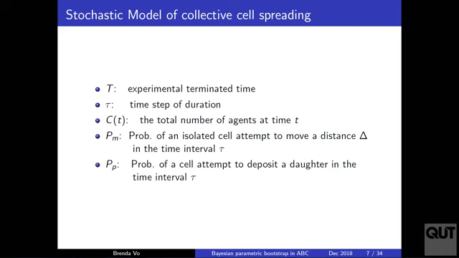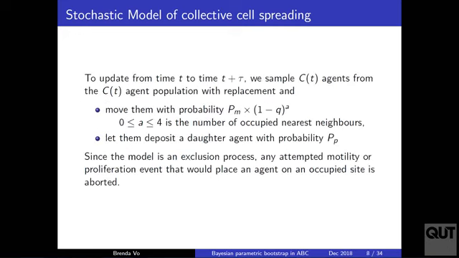PP is the probability of a cell's attempt to give birth within the time interval tau. To update from time t to time t plus tau, we sample CT agents from the CT agent population, with replacement, and allow them to move with the probability PM times (1 minus Q) to the power of A. Q here is the cell-to-cell adhesion parameter, from 0 up to 1.